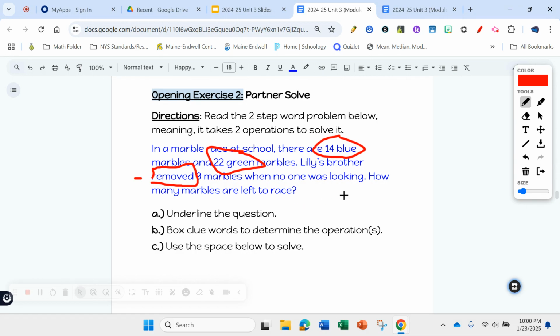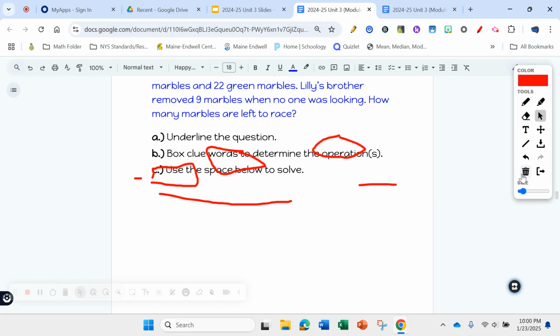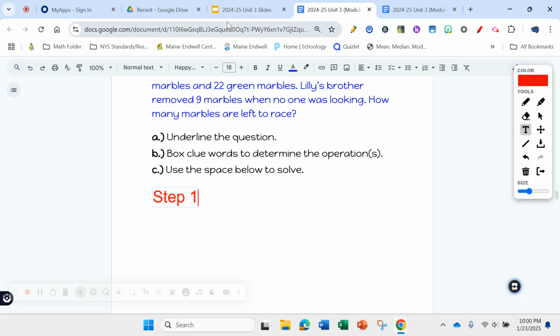How many marbles are left? Well, don't we have to know how many marbles we started with? Yeah, so here's my question. How many marbles are left? So this tells me I have to figure out step 1, how many marbles I started with. Okay, so here I go. I'm going to scroll down. That didn't help at all. So my step 1, so write this with me, step 1, 14 plus 22.